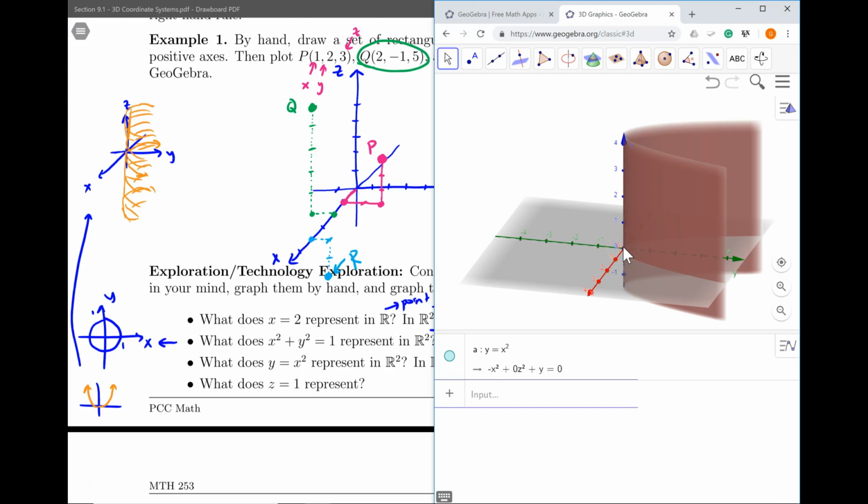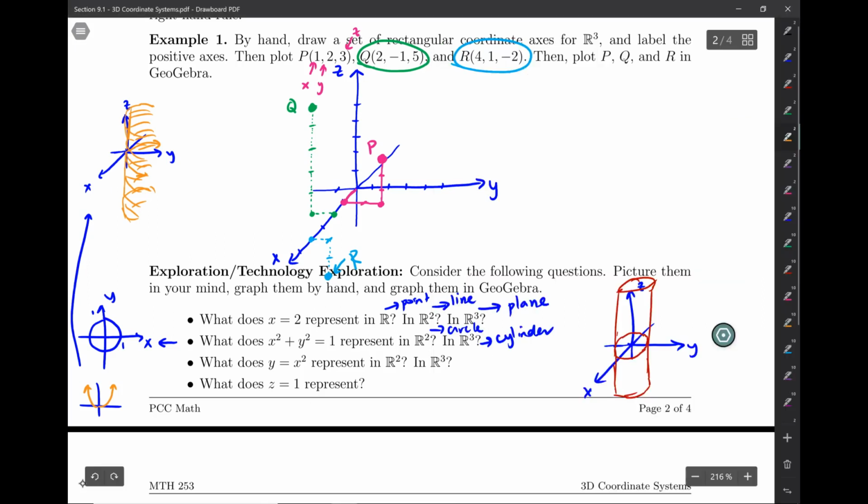I think there actually is a word for this, and I'm totally blanking on what it is. I'm going to pause this and look it up. Give me one sec. I actually don't think there is a name for this. So this gives us a good opportunity to name it whatever we want. I'm kind of liking parabolic sheet. So let's go with that. All right, so in R2, this is a parabola.